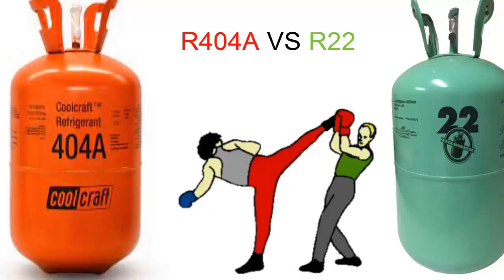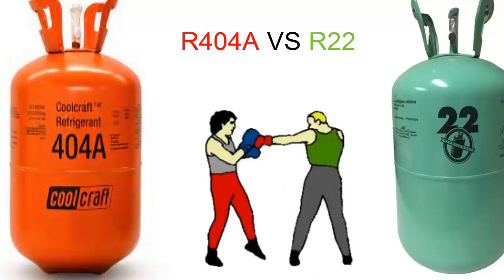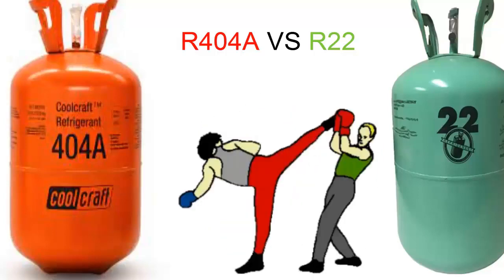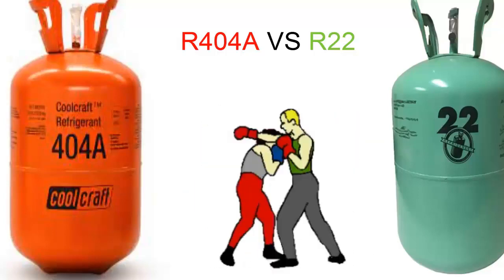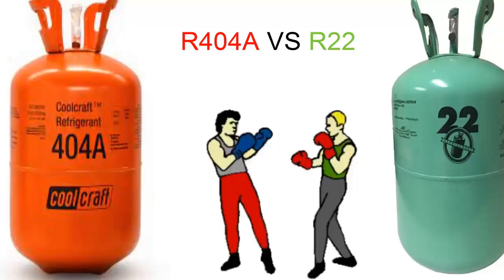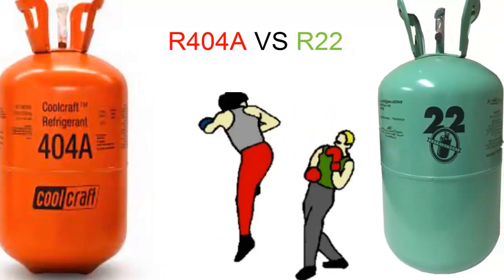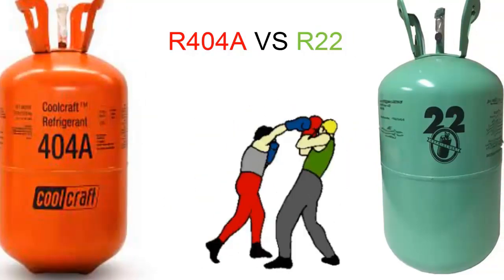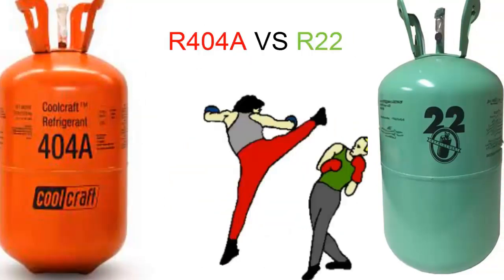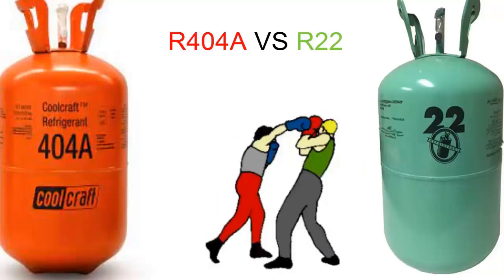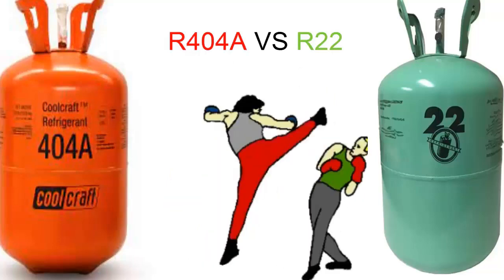The saturation pressures of R404A and R22 are different at the same temperature, making them not interchangeable. Replacing R22 with R404A leads to problems with the operation of the expansion valve, pressure control, lubrication, accumulators, separators, and refrigerant gas flow.